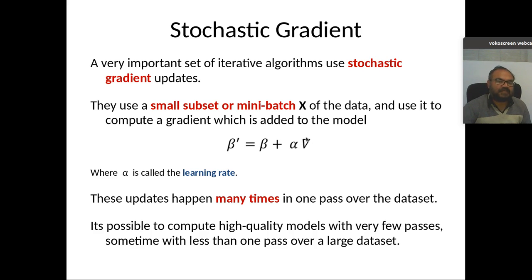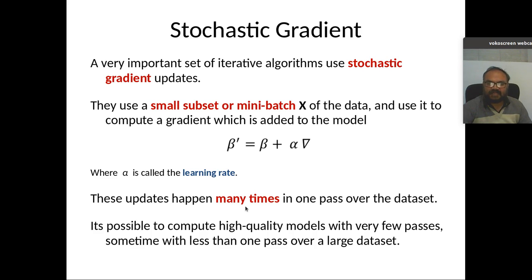Ideally, we want the gradient to be 0. This alpha parameter is also very important, which is called the learning rate, and this is actually the step size through which at each iteration the beta or the coefficient is going to change.